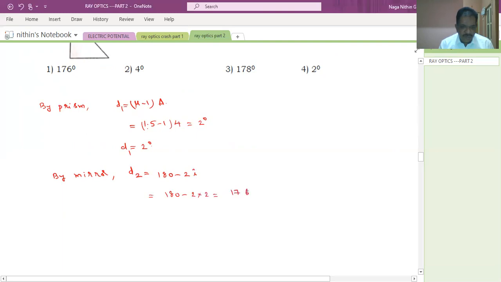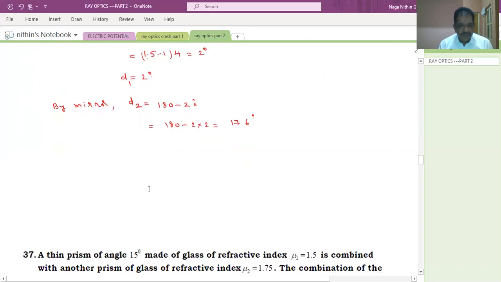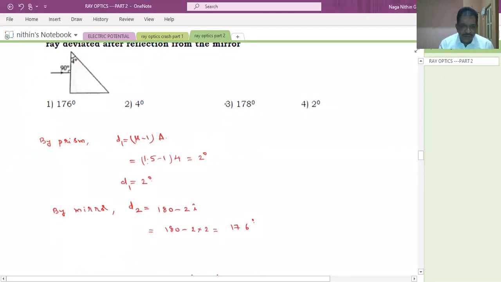This will be 176 degrees. Therefore, total deviation is equal to D1 plus D2. 2 plus 176. This value will be 178 degrees.